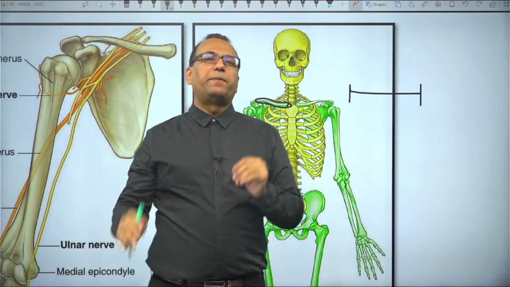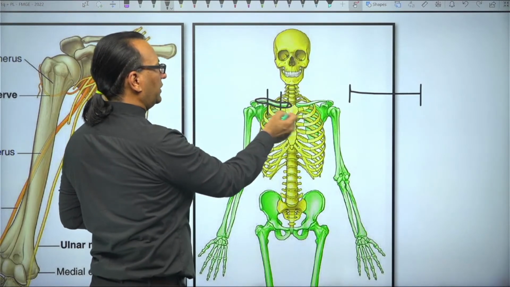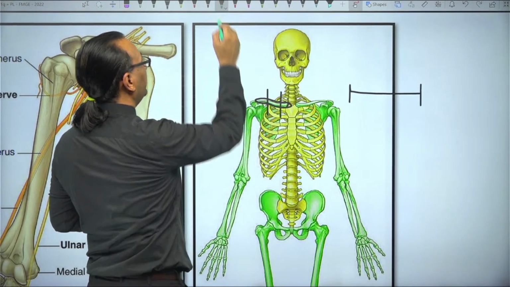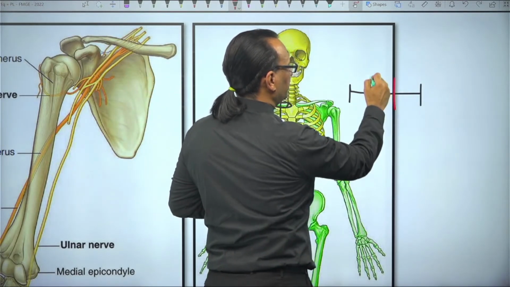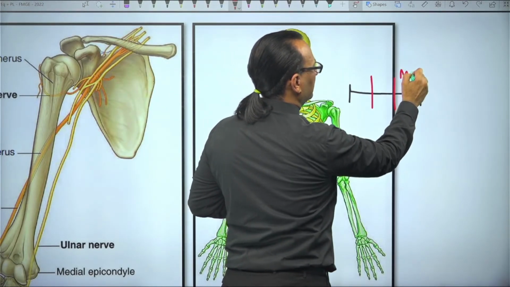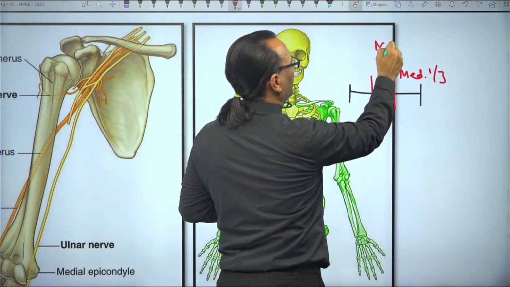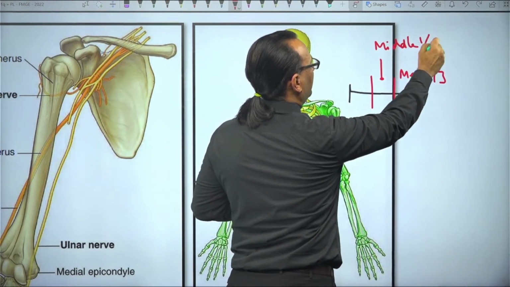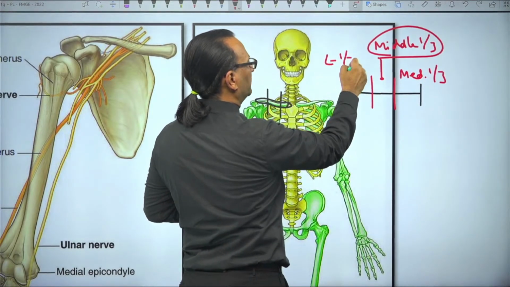The clavicle can be divided into three parts: the medial 1/3, the middle 1/3 and the lateral 1/3. So I'll write here three parts basically: the medial 1/3, the middle 1/3, and then we have the lateral 1/3.